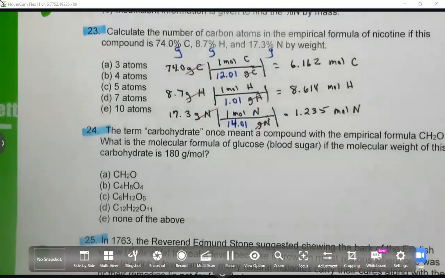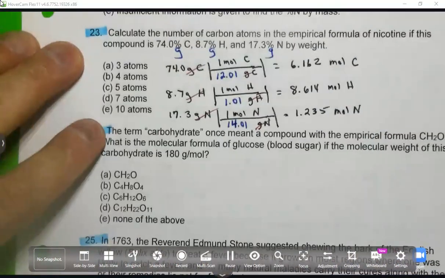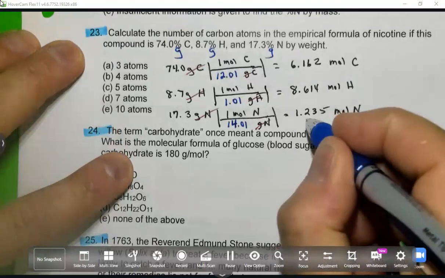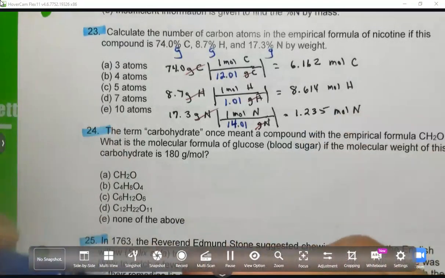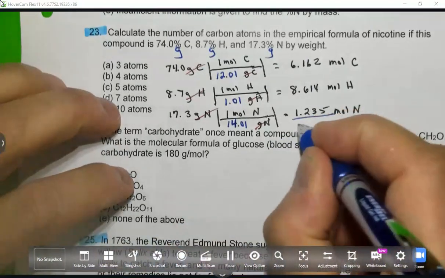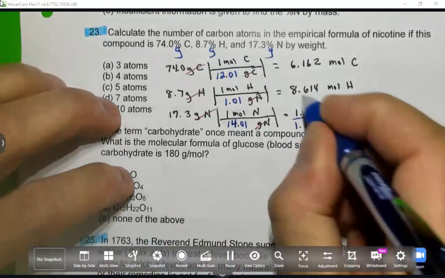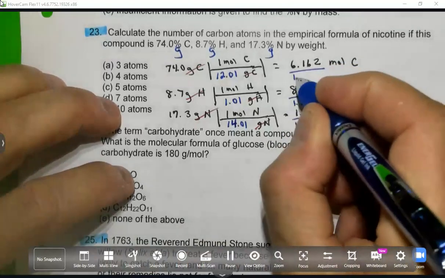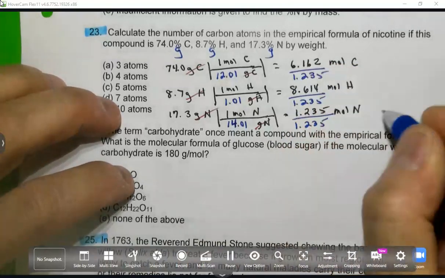I just kept some extra numbers. It's not a bad idea to do it in this step, but okay. Converted everything to moles. Next step is to divide by the smallest, right? So we're going to divide by the smallest moles, which looks to be 1.235. So switching colors.